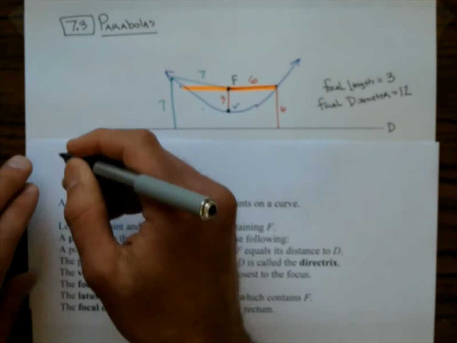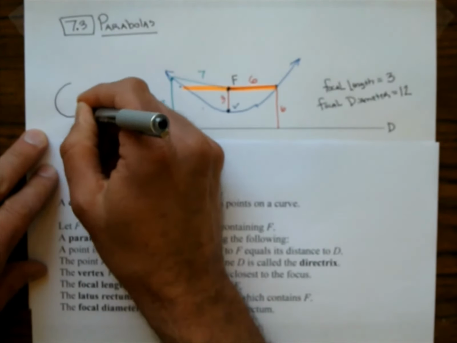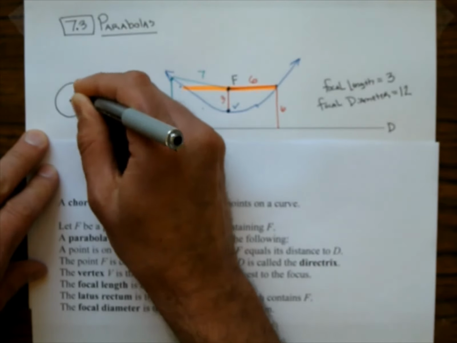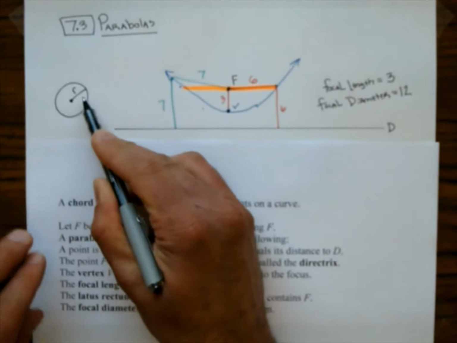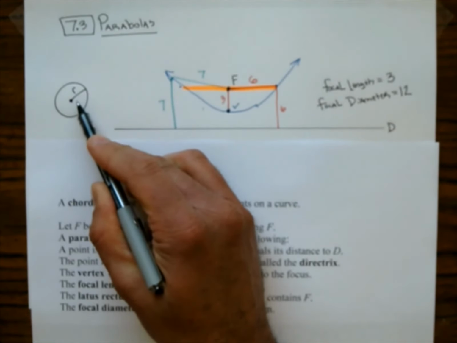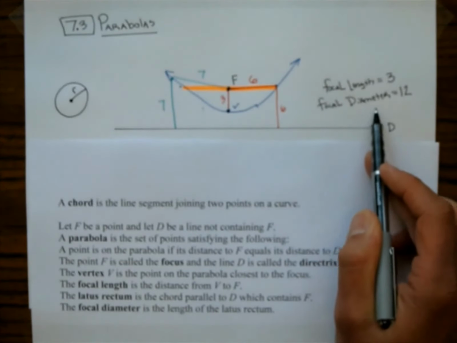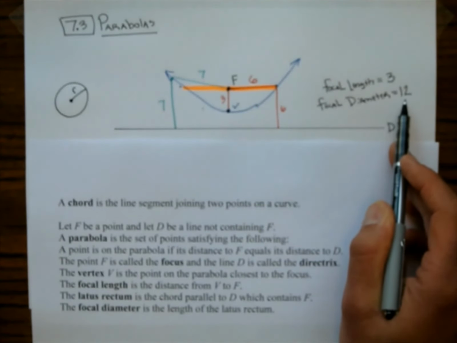It's kind of weird because on a circle we have this thing called the radius, and we point to it and say, there's the radius. And then we also say, what is the radius? And we say, oh, the radius is 5 feet. Over here, the focal diameter is 12.